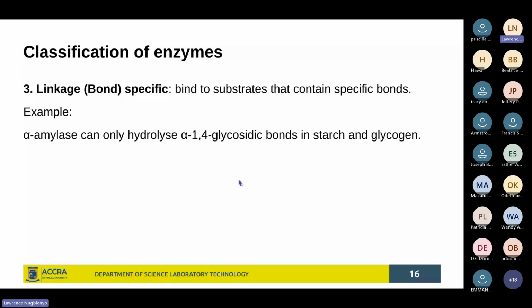But it cannot do the same for, say, cellulose, which is also a polysaccharide, but has beta-1,4 glycosidic bonds, and our salivary amylase cannot break down those bonds. We saw the example of termites eating wood.